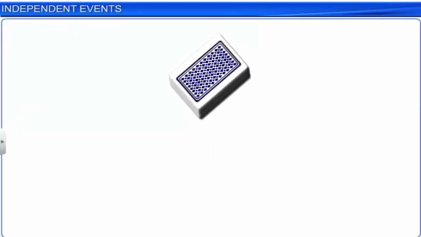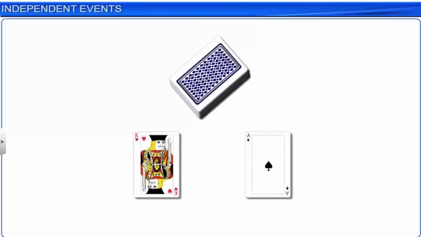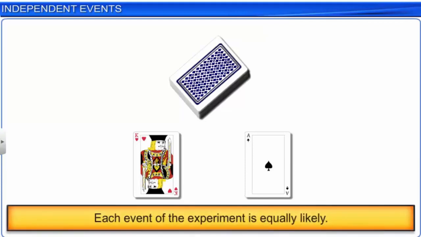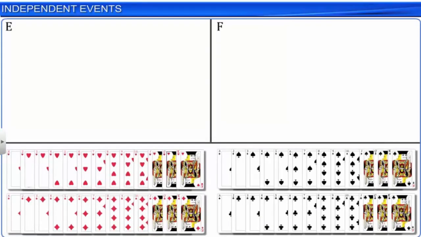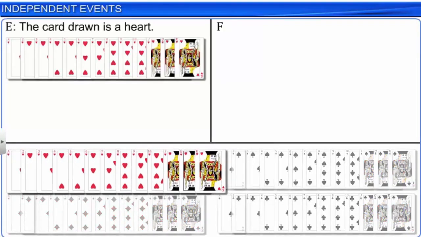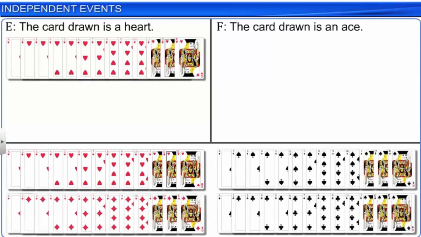Let's perform an experiment. Draw a card from a deck of 52 playing cards. Assuming that each event of the experiment is equally likely. Let E and F be two events, where E is the event that the card drawn is a heart, and F is the event that the card drawn is an ace.